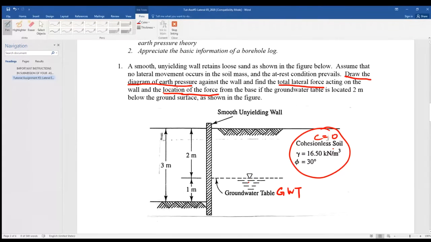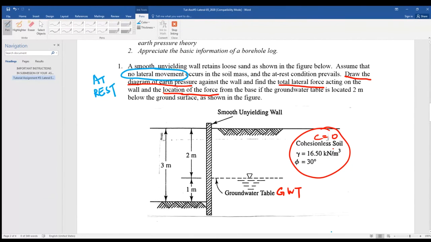These are nothing as important as this word. What does that mean? Low lateral earth movement or wall movement, right? It means it is at rest.